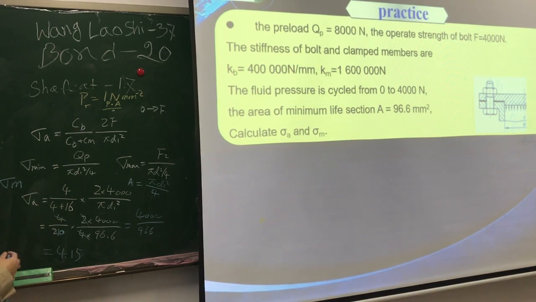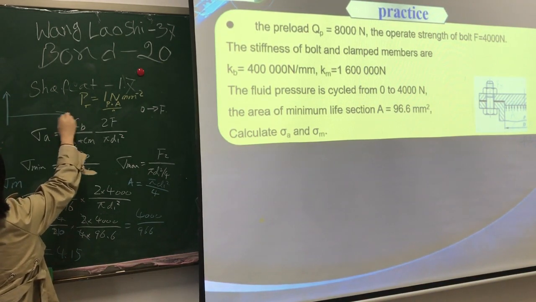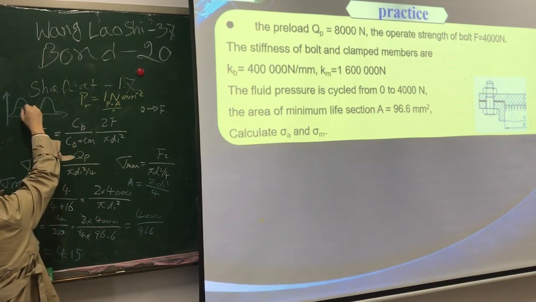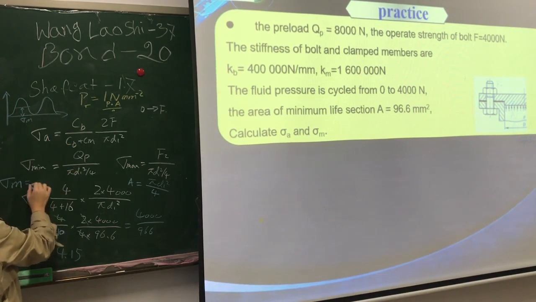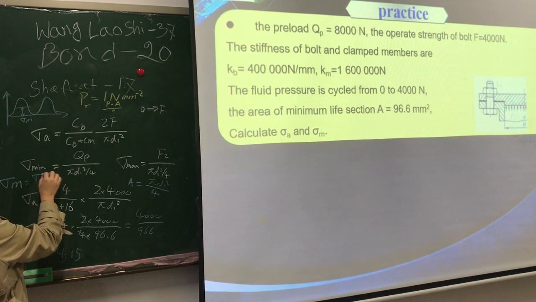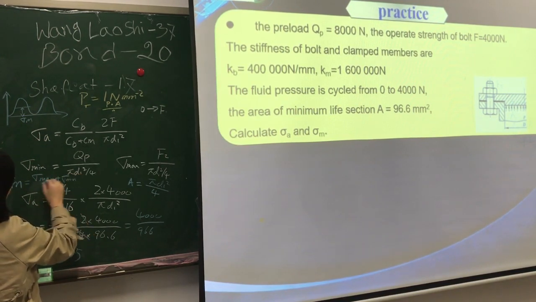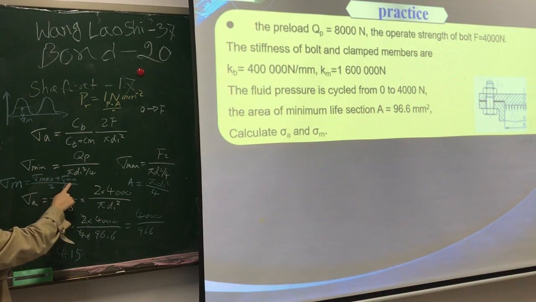How to calculate the mean stress? The mean stress sigma M equals sigma max plus sigma min over 2. Okay, so we shall calculate sigma max and sigma minimum.